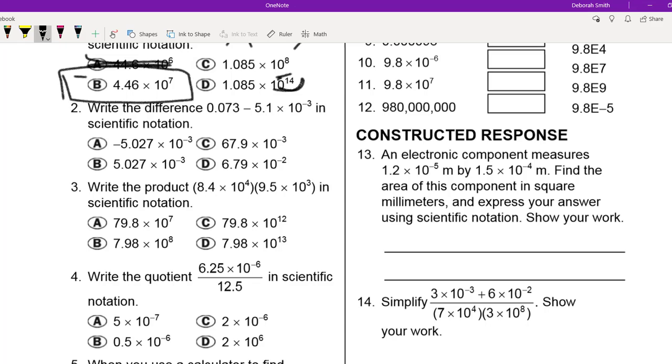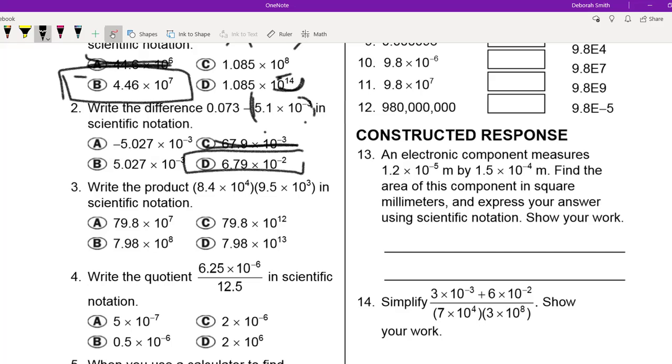Also, watch out. Make sure it is in scientific notation. That one is not, so don't pick that one. When you're done, you're going to pick that one on your calculator. Again, make sure you use the parentheses around the scientific notation expression.